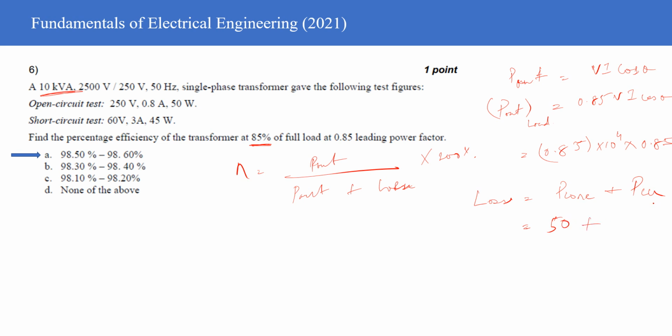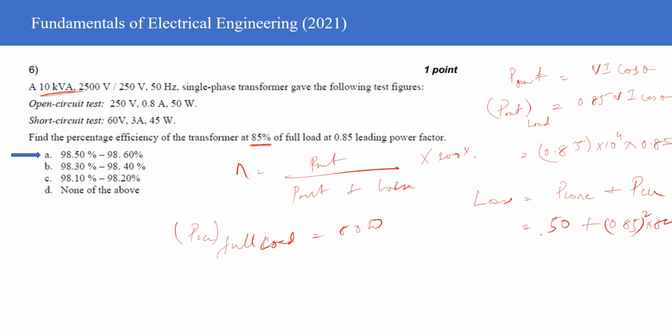The copper loss, we have determined it in the previous question. So the copper loss at full load was 80 watt, right? So at 85% of the full load, it will be nothing but 0.85 whole square into 80.